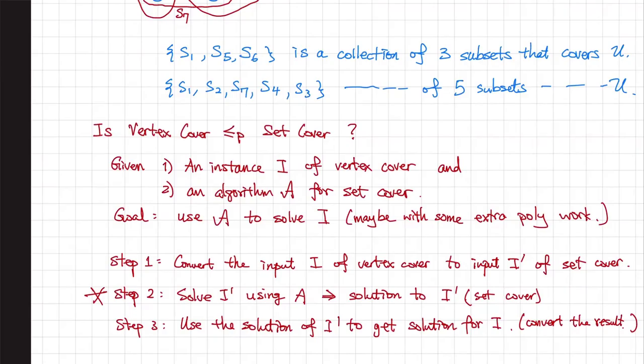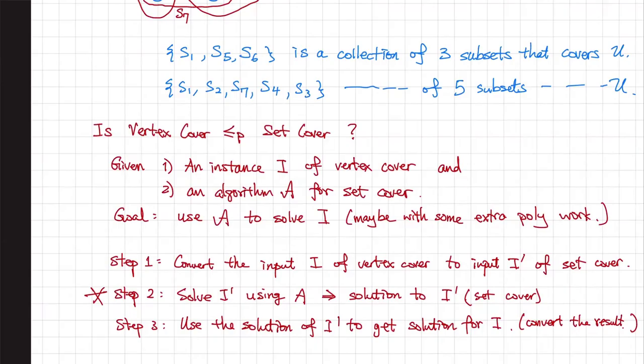Now, once we get the result, we want to see how their result can be converted to your result. So what you need to show for the reduction is step 1, convert the input, and then convert the output back. Okay. Now, last class we talked about how to convert it over, right?